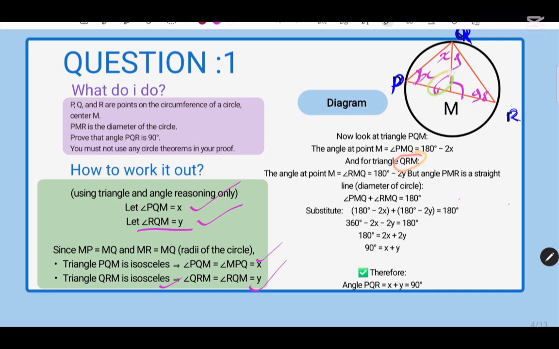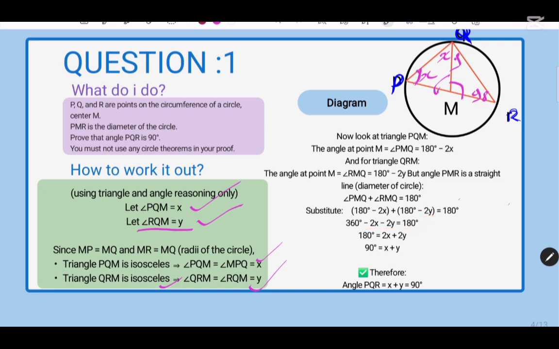This one plus this one, the total is equal to 180. So let's add it together. Therefore 180 plus 180 will give us 360, minus 2x minus 2y, equals 180.